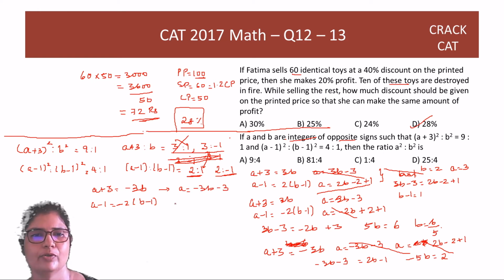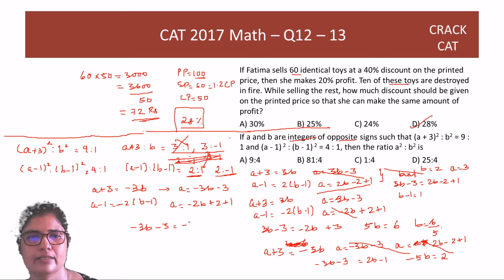And यहाँ से we will get A is equal to minus 2B plus 2 plus 1. So you'll get minus 3B minus 3 is equal to minus 2B plus 3, right? And getting this here and that here, you get B is equal to minus 6. And with B is equal to minus 6, you get A is equal to plus 15.